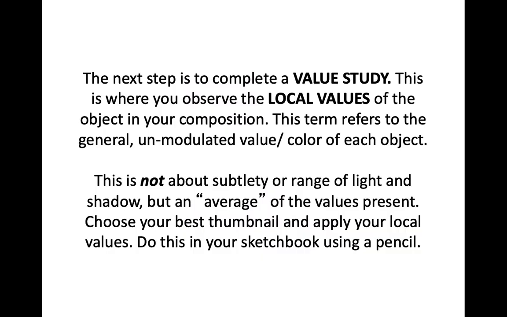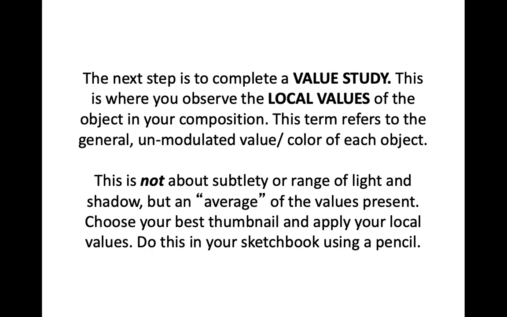The next step in our part one, which is the assignment for today, which is due at the next class, just in case you didn't hear me the first time, is to complete a value study. This is where you observe the local values of the object in your composition, and it refers to the general unmodulated value or color of each object.